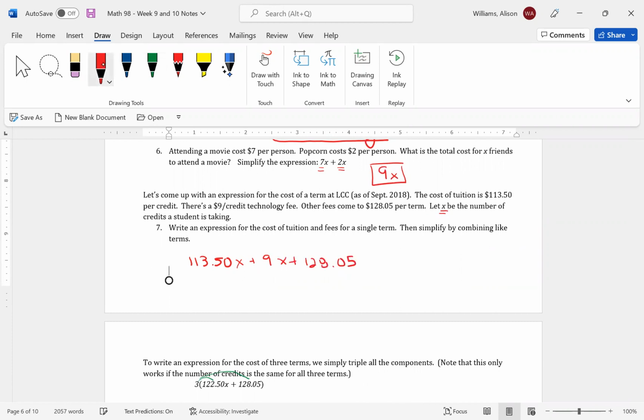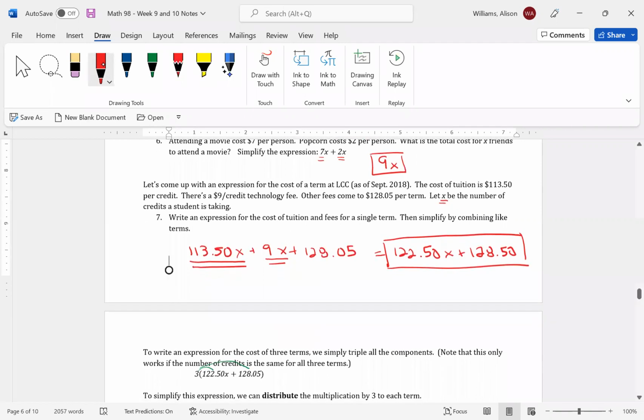Okay, so actually, in this case, we can combine the X terms, which is going to be 122.50x and then the 128.05. Well, isn't that nifty that they wrote that down there so I could catch that mistake? And if you saw that, good for you. And I'm sorry if that confused you. Oops, 05, not 50, 05. All right.